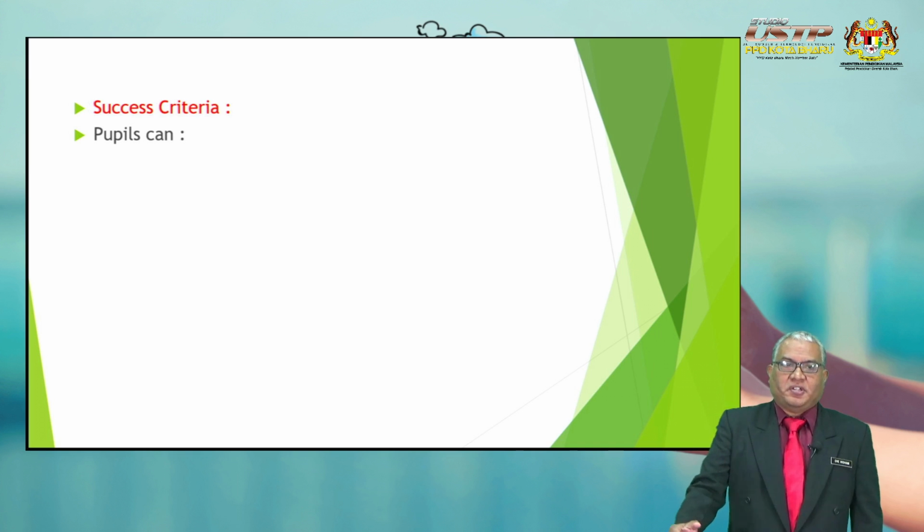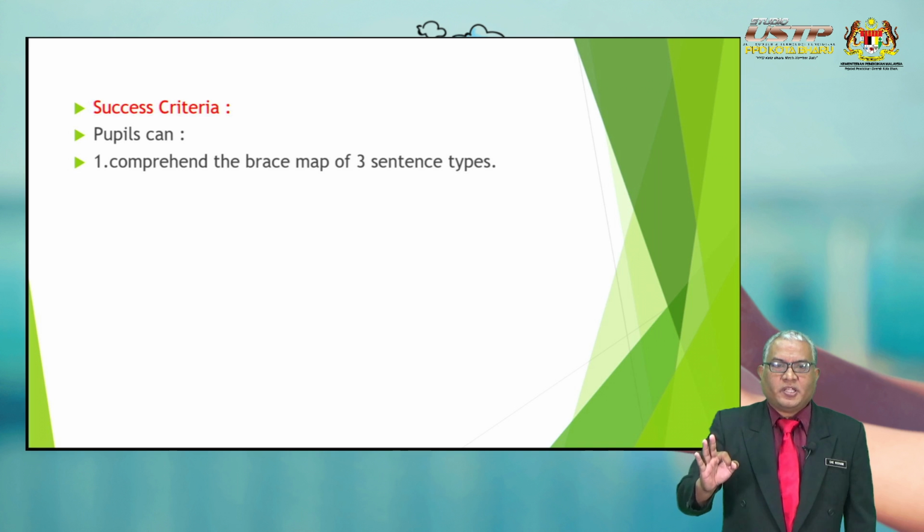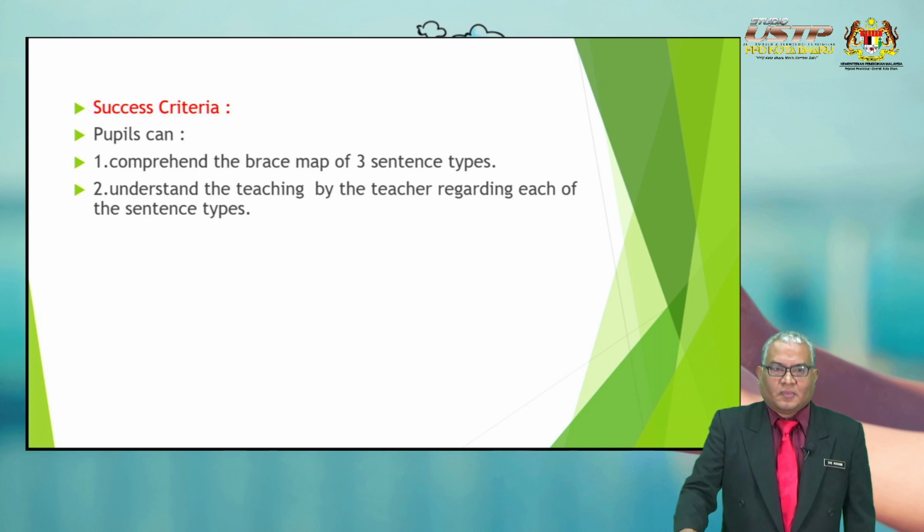The success criteria, pupils can comprehend the placement of the three sentence types. Understand the teaching by the teacher regarding each of the sentence types.